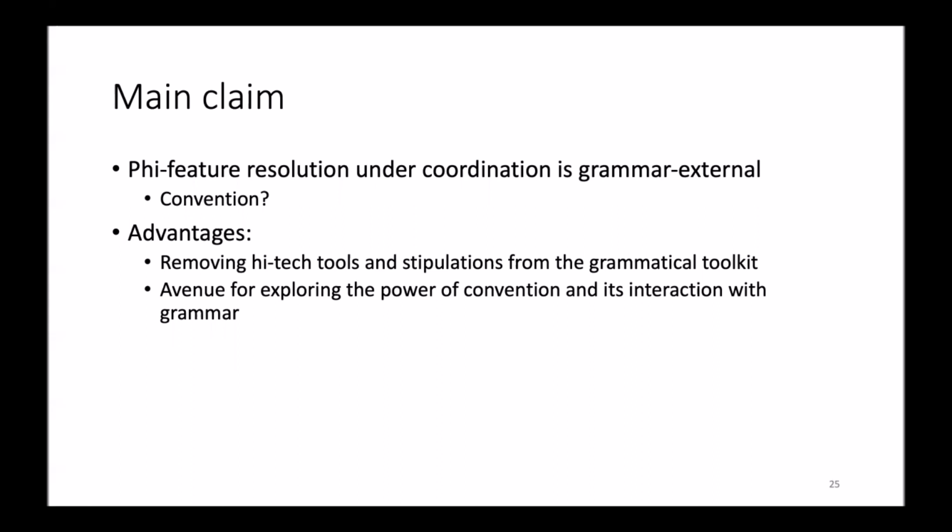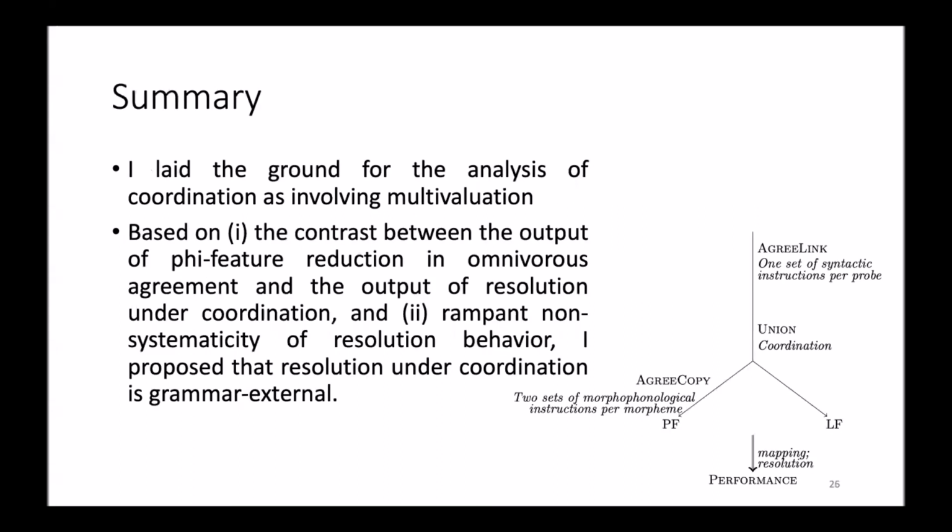And to summarize quickly, because I see I'm running out of time: I first laid the ground for the analysis of coordination as involving multi-valuation, and this ground allowed us to contrast the output of Phi-feature reduction in Omniverse agreement with the output of resolution under coordination. That was my first line of argumentation for resolution being grammar external.